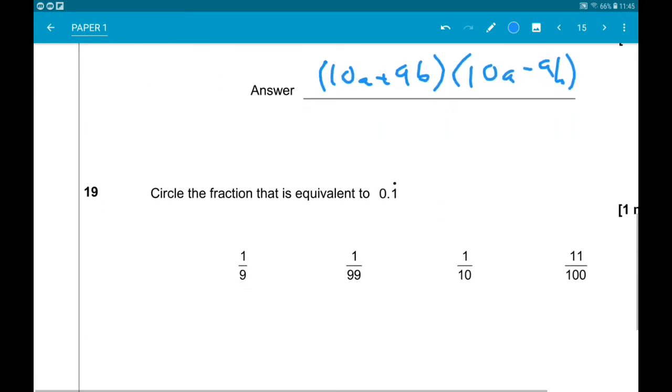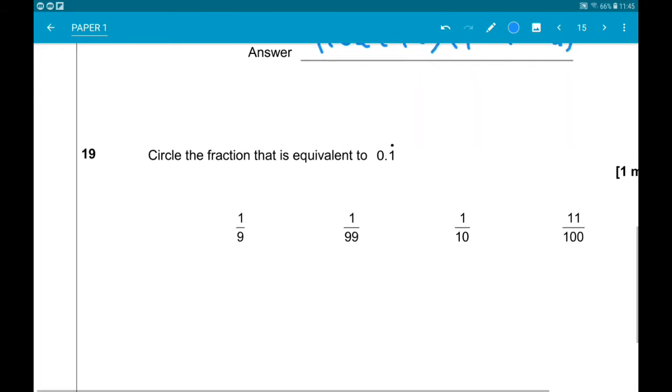Okay, number 19. Circle the fraction equivalent to 0.1 recurring. Okay, so when you have purely recurring decimals on the right, so here we do, it's just going 1, 1, 1, 1, 1 forever. It's that number over 9.